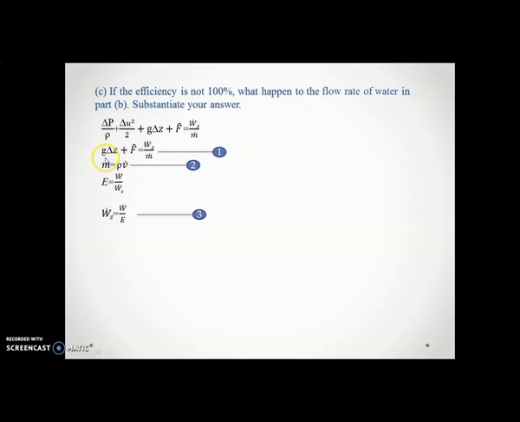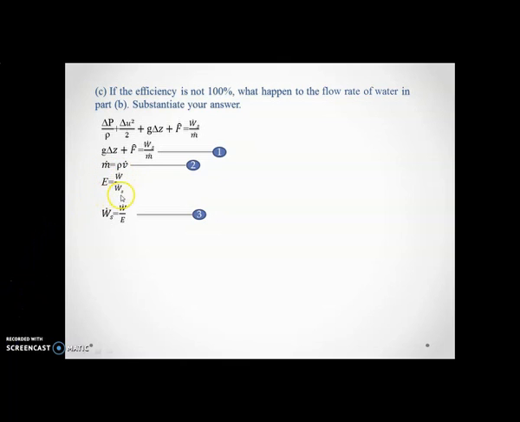What we are left with is just g delta Z plus frictional loss equals shaft work rate over the mass flow rate. It is equation 1. For equation 2, we have the mass flow rate equals rho times volume flow rate.